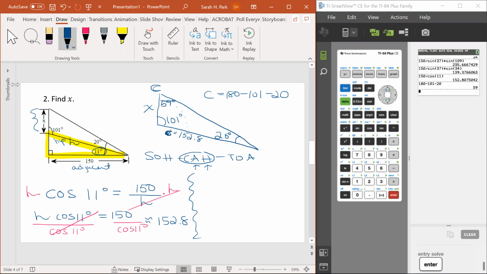And now we can find X. The angle directly across from X is 20 degrees. So sine of 20 degrees over X is equal to sine of 59 degrees over C, which is 152.8. To get X, we multiply: 152.8 over sine of 59 degrees times sine of 20 degrees.